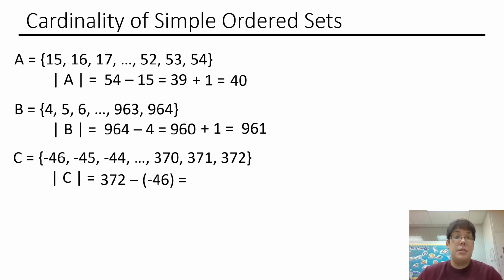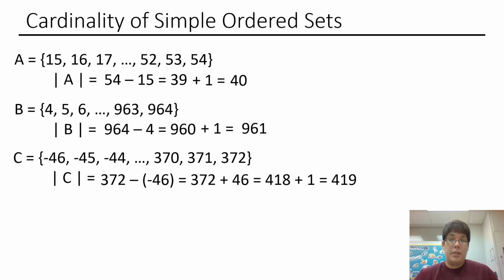So 372 minus -46. Remember what happens when you have two negatives together, they turn into a positive. So that's going to be 372 plus 46, which gives you 418, and then you add 1, and so there's 419. Now, aren't you glad you know this little trick and you don't have to sit there and count 419 on your fingers? So there you go.